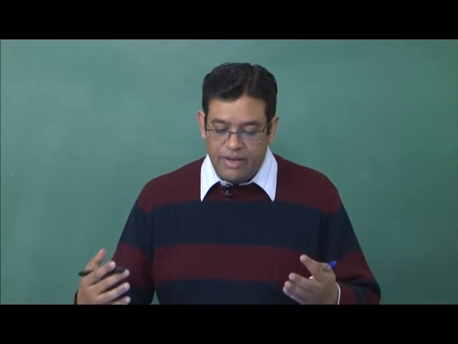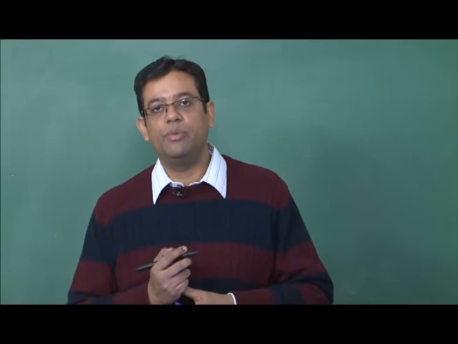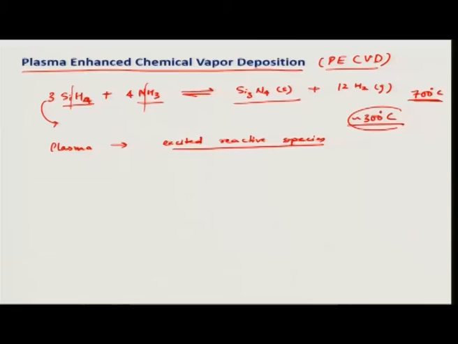So, in this way we can use plasma enhanced chemical vapor deposition to lower the temperature for many reactions. We can even do some of these depositions down to 50 degrees C. Processes have been developed to deposit silicon nitride at temperatures less than 50 degrees C. So, by using this PECVD process, we can lower the reaction temperature because the energy that was supposed to be coming from the temperature is now coming from plasma.